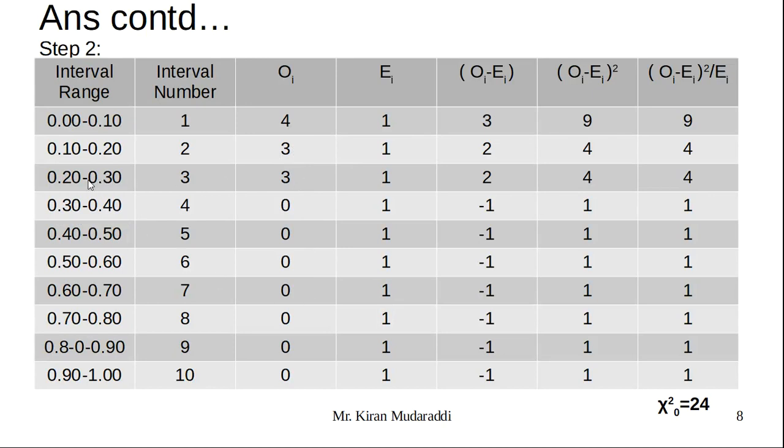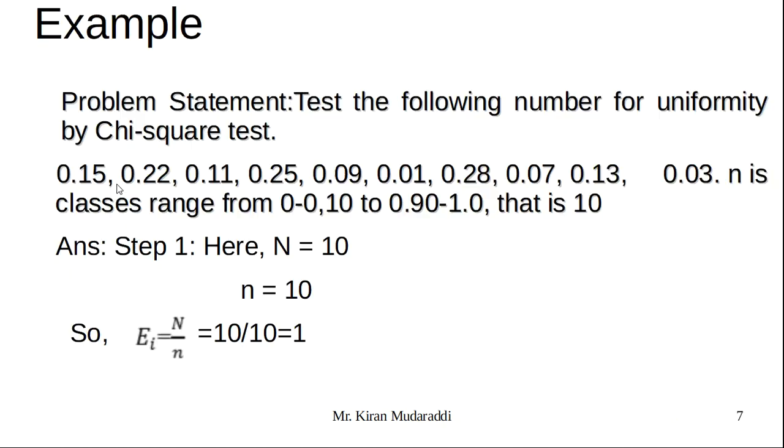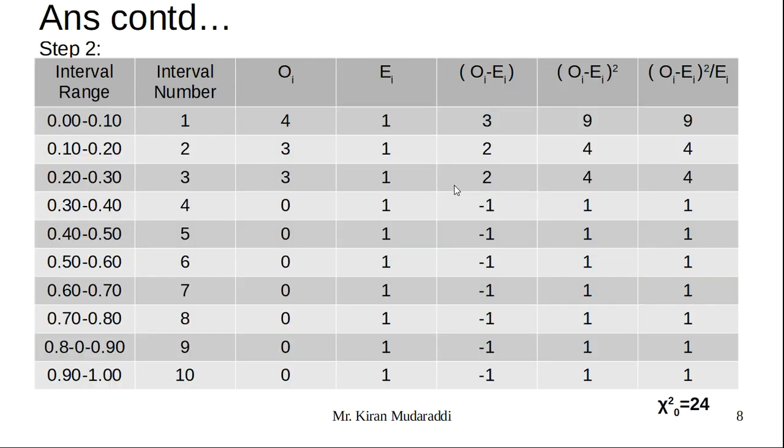Similarly, we got 0.20 to 0.30. So 0.22, 0.25 that is second, and 0.28, totally 3. And 0.30 to 0.40, no numbers are there, so I kept it 0 for all the remaining ones. Totally we have 10, which are already finished here.